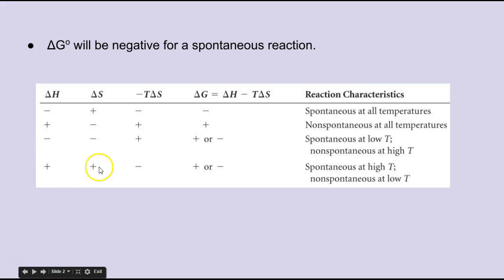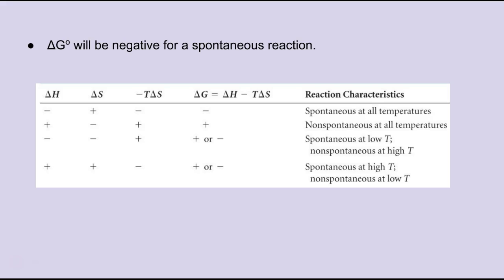Then we have these other two scenarios where, let's say we have an exothermic reaction, so we end up with lower energy for the system, which is good, could be a driver, but if delta S is also negative, then there's this temperature factor that has to be considered.